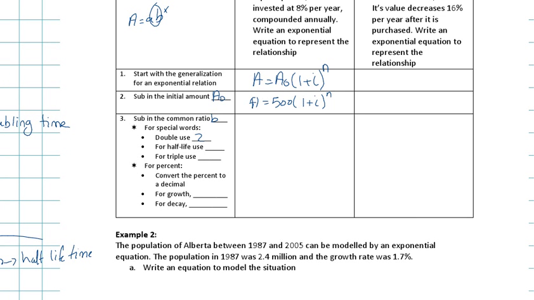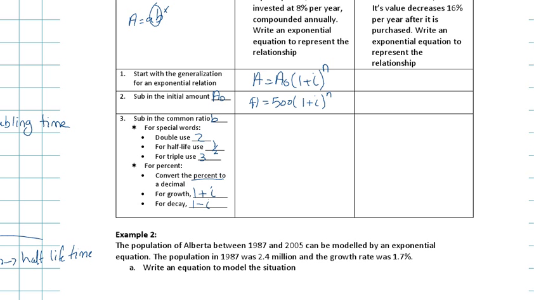0.5 or 1/2. How about if it's triple? 3, right? Triple means 3. Right? Depending on what the situation is, you're going to replace that. Now, we said that if we have percentage, we're going to change the percent into a decimal, and then for growth, we're going to do the 1 plus the I, and then for the decay, we're going to do the 1 minus the I. Okay?